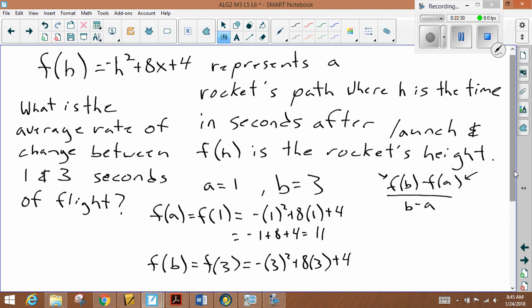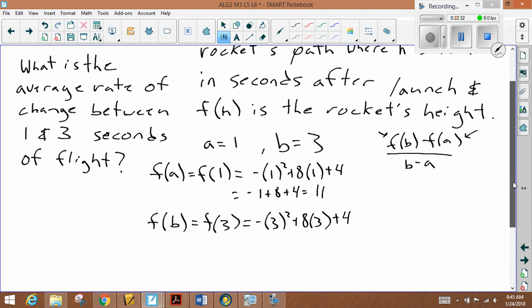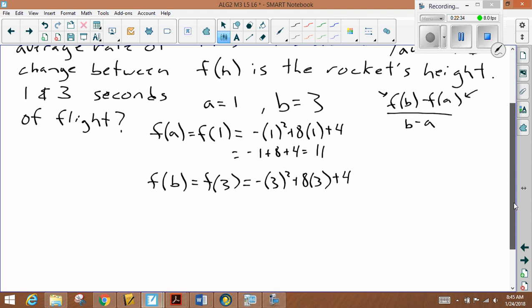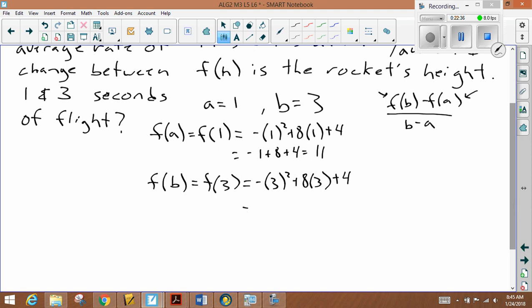That is the same thing as negative 9 plus 24 plus 4, which is 28 minus 9, or 19.